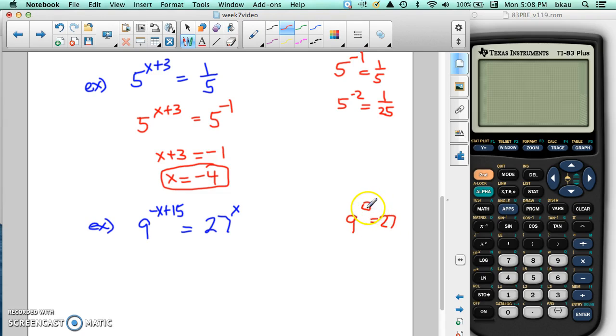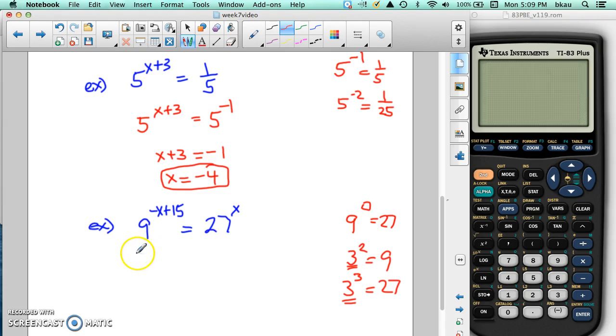There is a power that works here, but it's fractional, so we probably wouldn't use that. So what we would do is we try to reduce these to the same power. We want to notice that 3 to the second is 9, and 3 to the third is 27. So now we have a common base here.